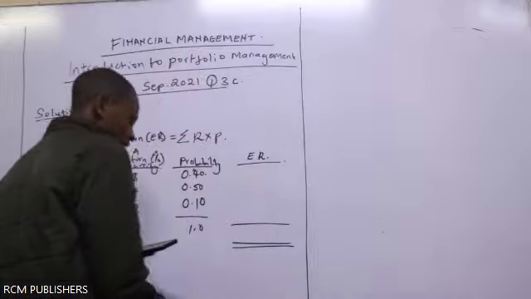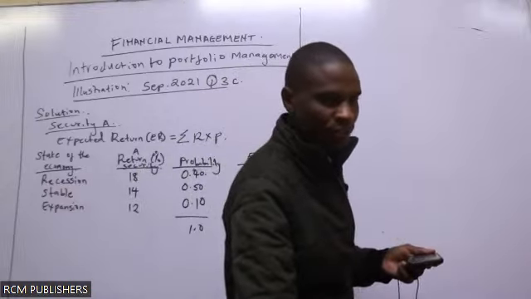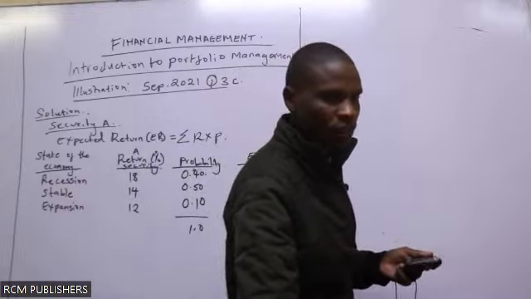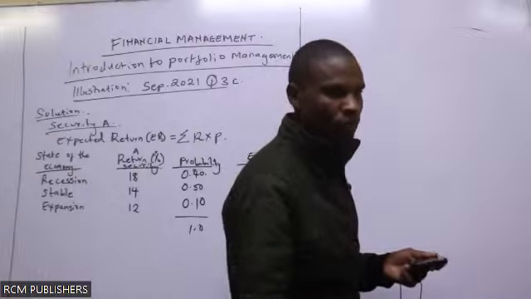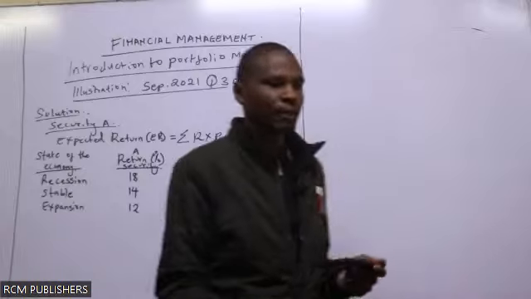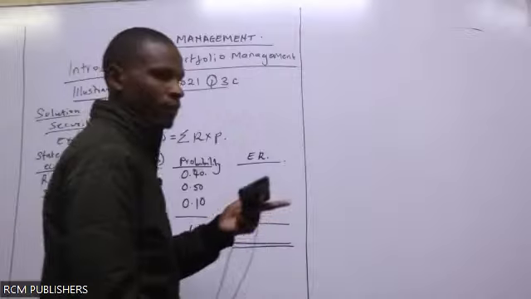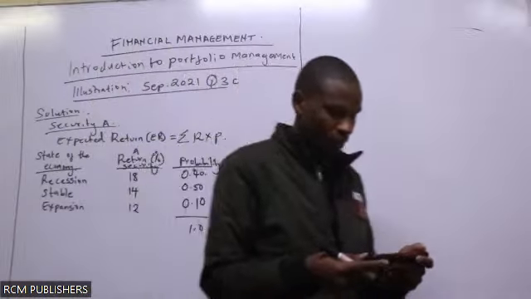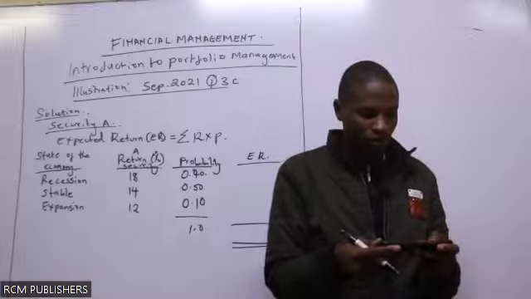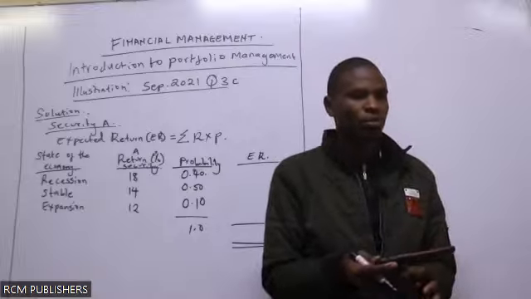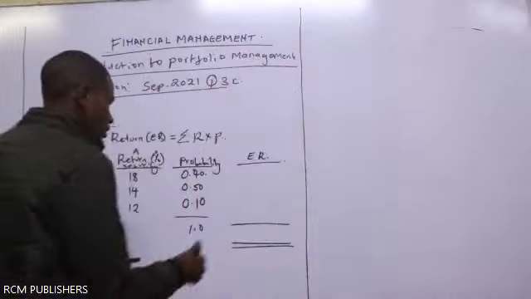So what will be 18 times 0.4? 18 times 0.4 is 7.2. That is for recession.